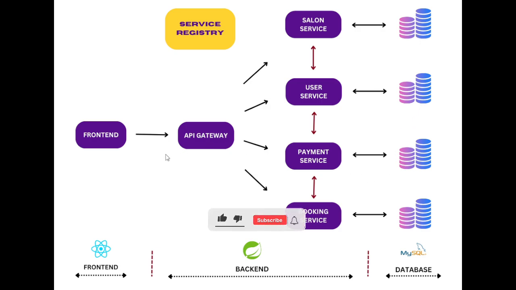In a similar way, based on the request from the front end, it will decide and route to the desired microservice, and that particular service will be responsible for handling the request and giving the response to the API gateway, and again the API gateway will send the response to the front end. And whenever we start a microservice, firstly it will get registered in the service registry. So this was the flow from the front end to the back end.